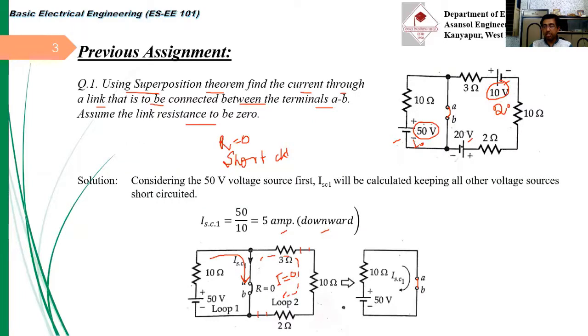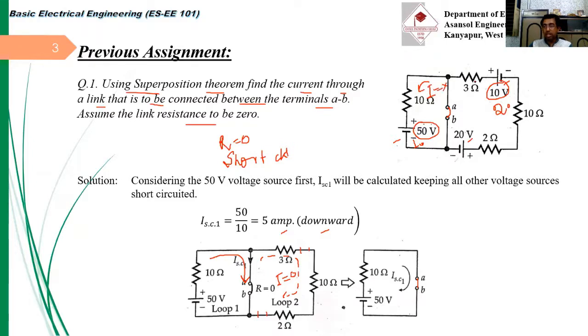You can say that the 20 volt source is alone here with 10, 3, 2, total 15 ohm, and across this short circuit another 10 ohm resistance is there. So through this 10 ohm resistance at that time, no current will flow.